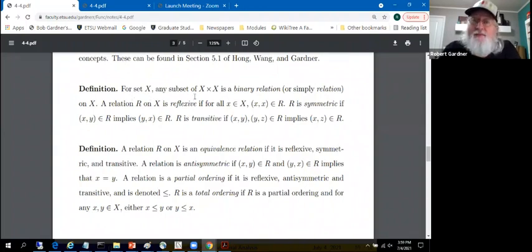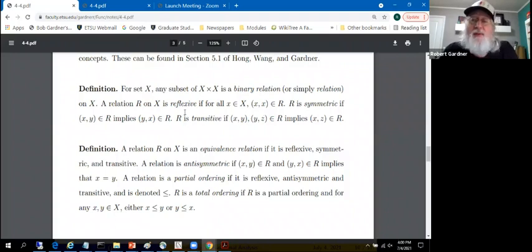For a set X, any subset of the Cartesian product of X with itself is called a binary relation, or simply a relation, binary because there are two of them. A relation R on X is said to be reflexive if, for all x, we have the ordered pair (x, x) in the relation. In other words, x is related to itself.